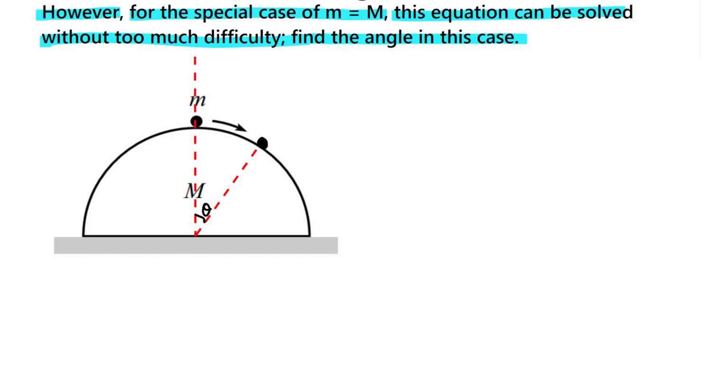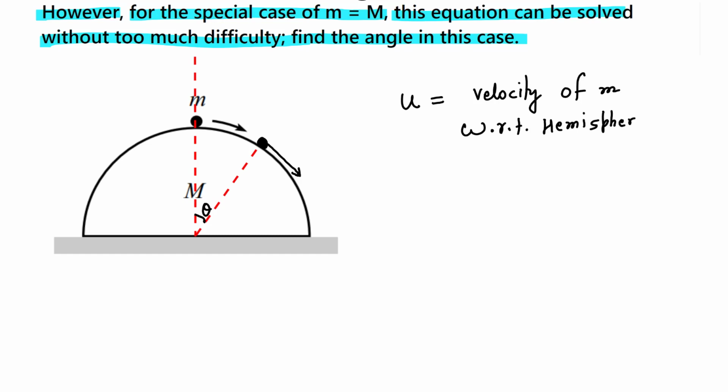So let us find what are the forces and what are the velocities that we have. Let us assume the velocity of this small mass is u, and this will be in the tangential direction. So u is the velocity of the small mass, and this u is with respect to the hemisphere.